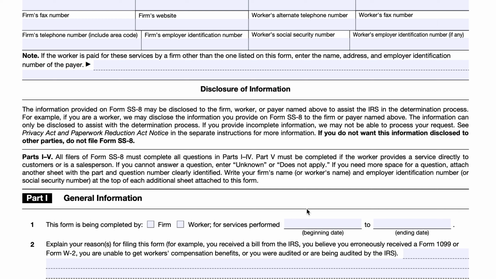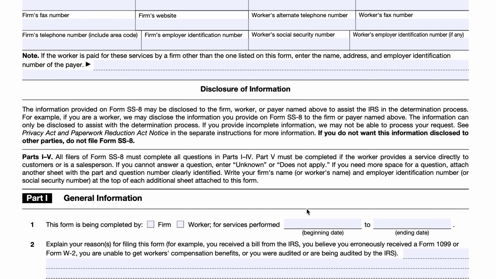You can't just hide information that you think might not support your case because you honestly don't know what the IRS determination criteria is. So every piece of information can be important, and if you omit too much information, you might not get your form processed.